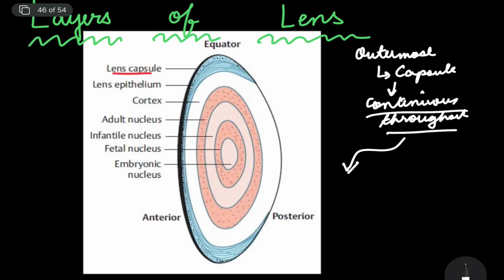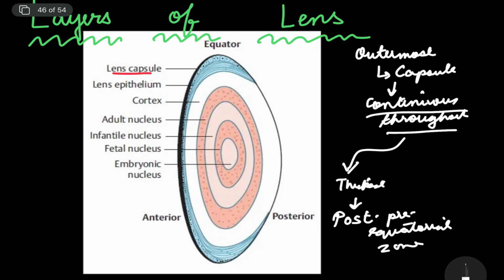Where exactly is the lens capsule the thickest? The lens capsule is thickest at a part of the lens called the posterior pre-equatorial zone. Posterior pre-equatorial zone. What exactly is that?